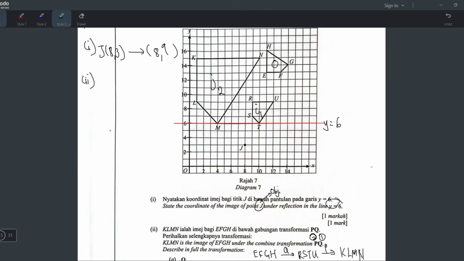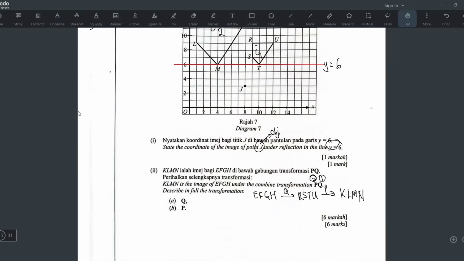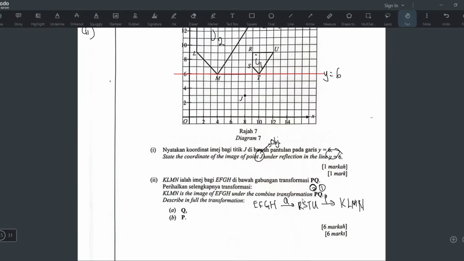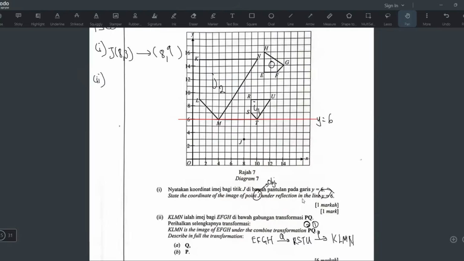Because if you don't, you might make the careless mistake of writing the Q answer for P, and the P answer for Q. Then it's not good, right? But if you write the arrows nicely, you will not make that mistake.